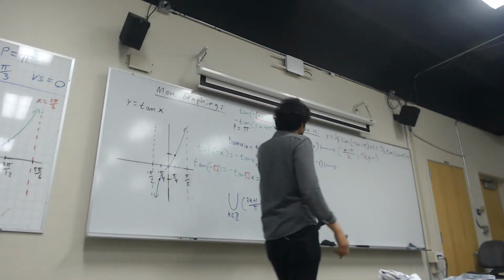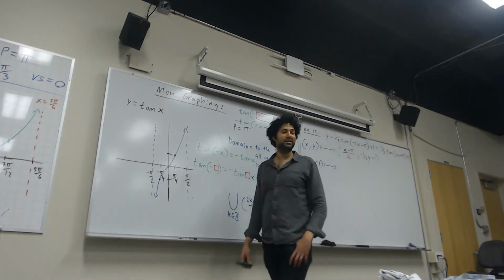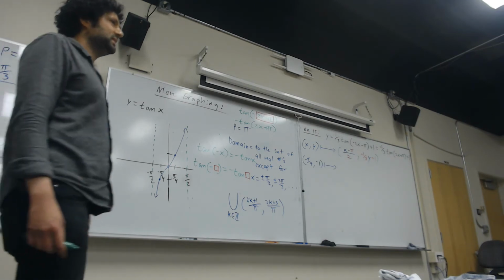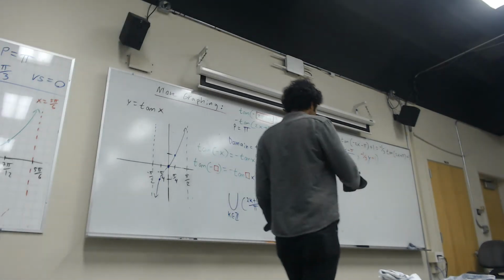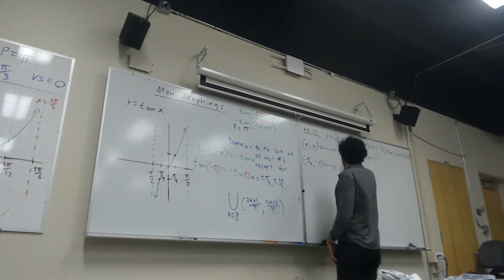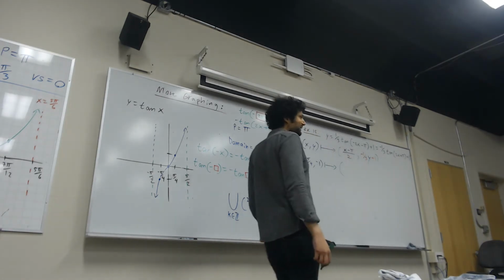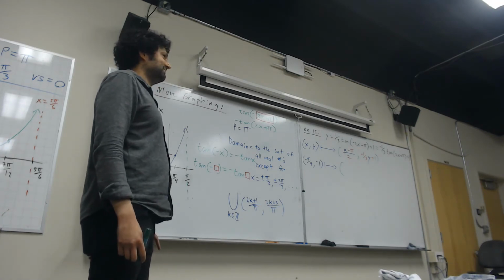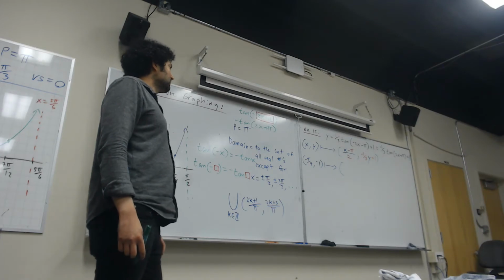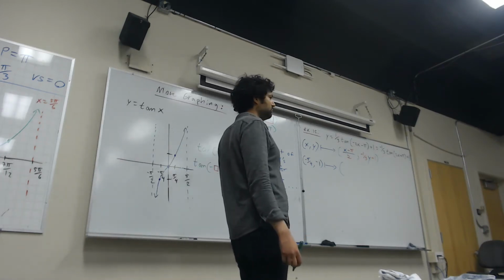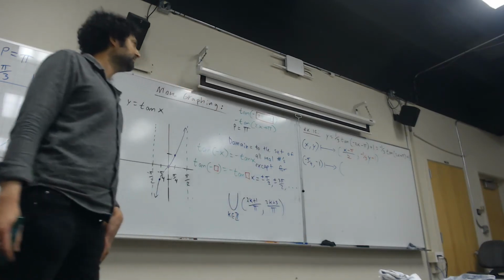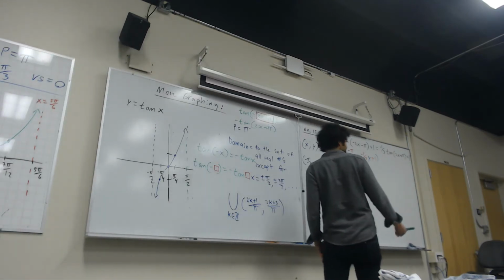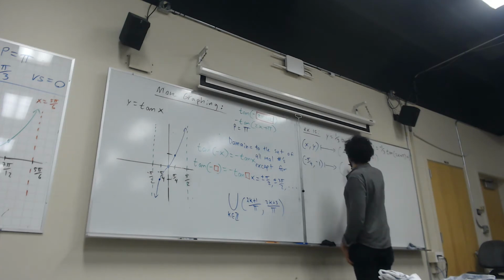For x here, negative pi over 4 minus pi is negative 5 pi over 4. What's negative 5 pi over 4 divided by 2? It's negative pi over 4 minus pi, which is negative 5 pi over 4, but you have to divide that by 2. What do you get? Negative 5 pi over 8, right?